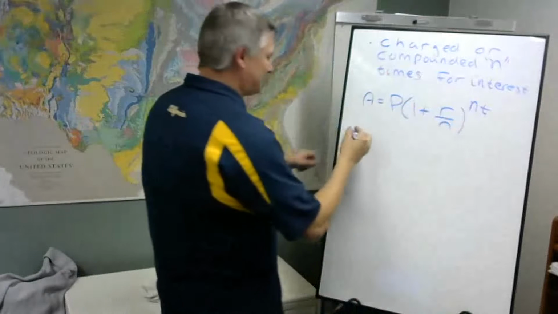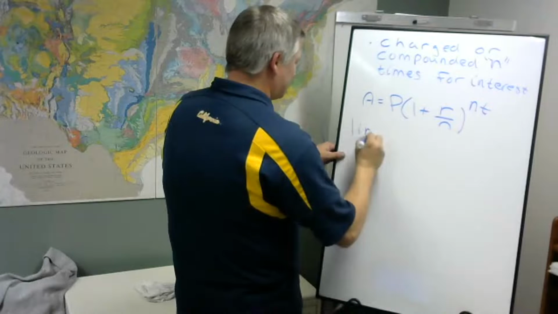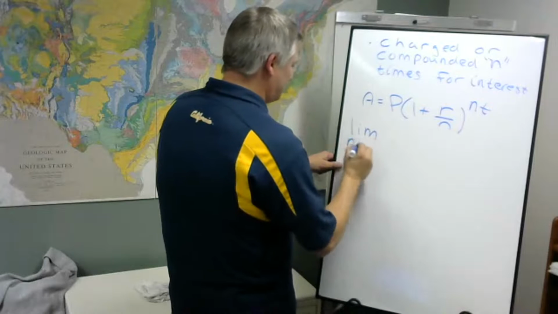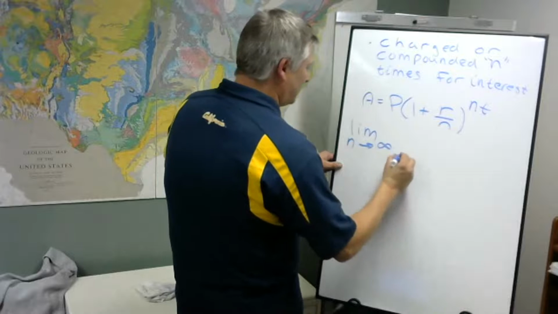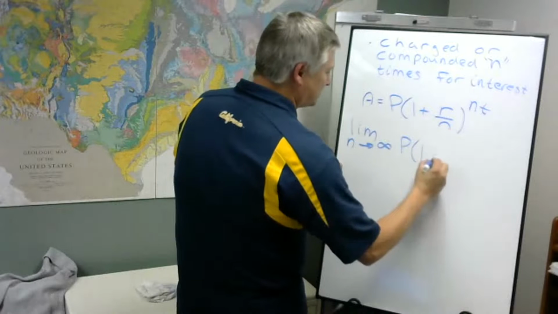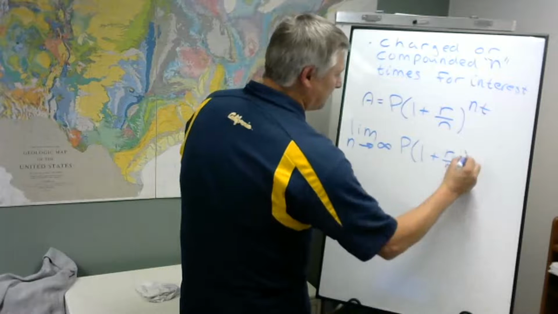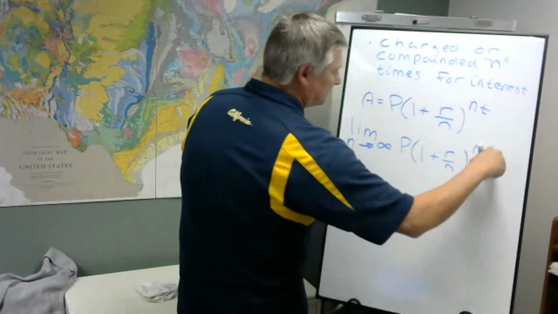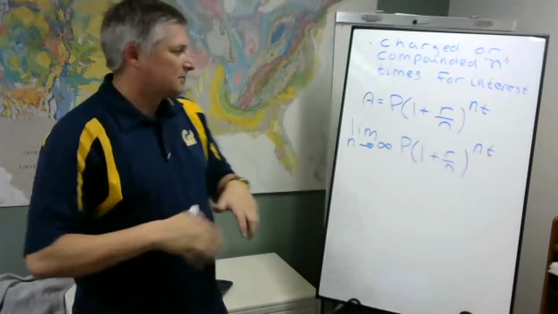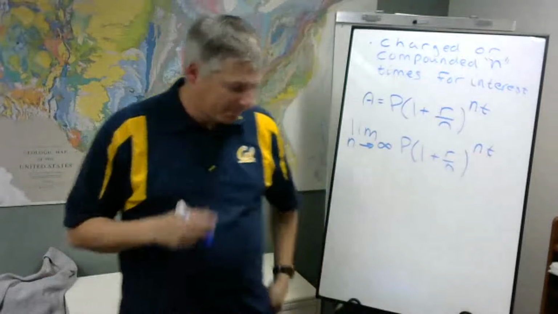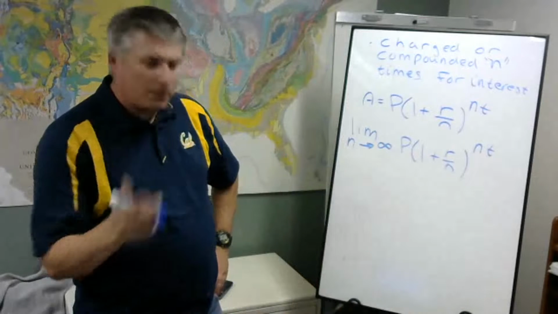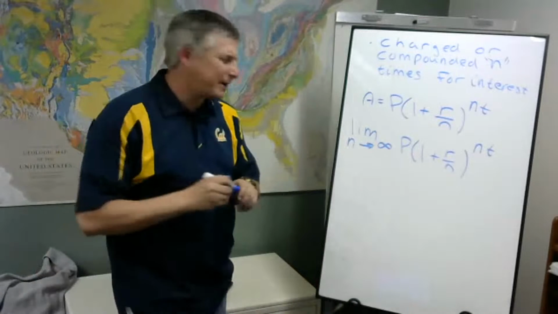So now we do that limit. What happens if the number of times that we charge the interest just increases infinitely? Well, we're going to do a little bit of rewriting here.